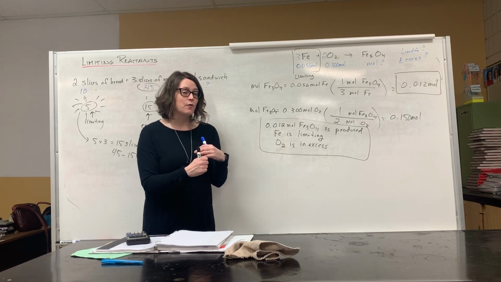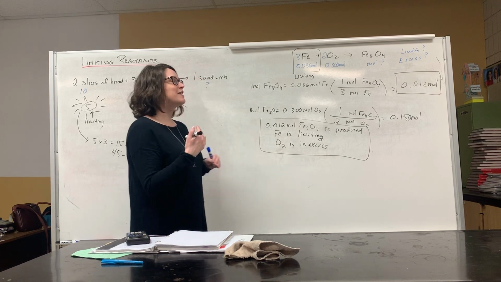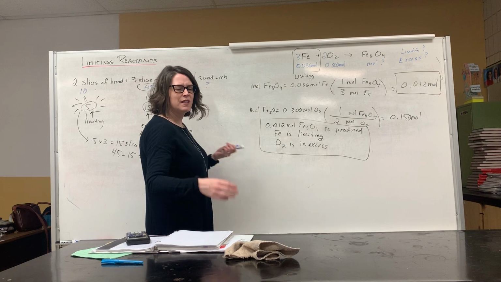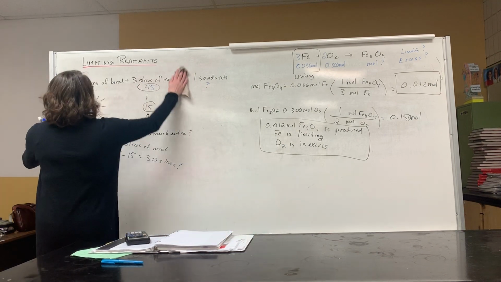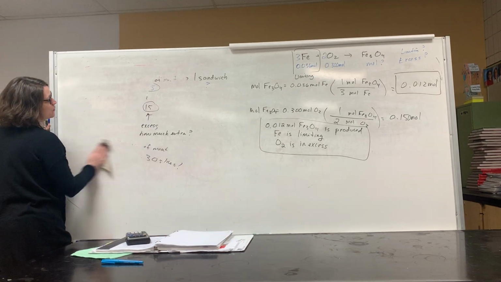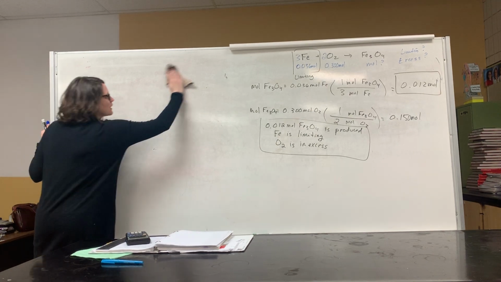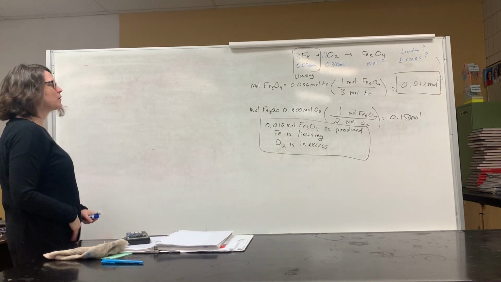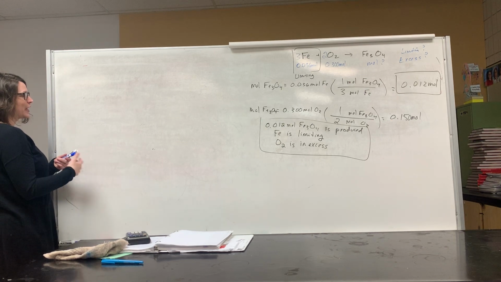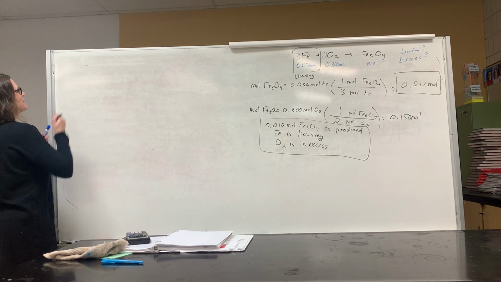Now, this particular question in your notes has another part to it. Typically, most of the questions don't ask you for that, so don't solve this unless you are asked. These questions get pretty labor intensive. They take a lot of work, a lot of time, so don't do this next part unless it's asked of you.